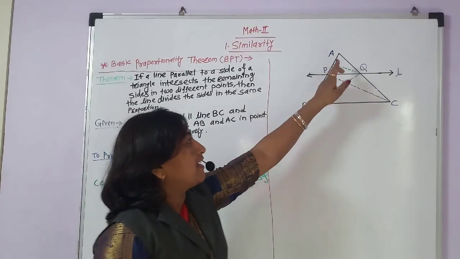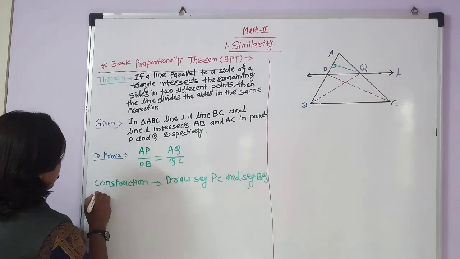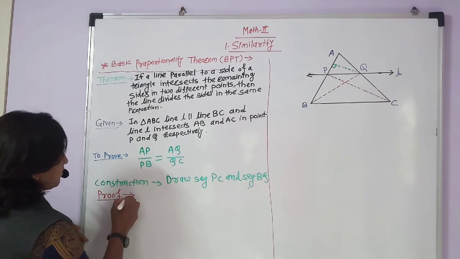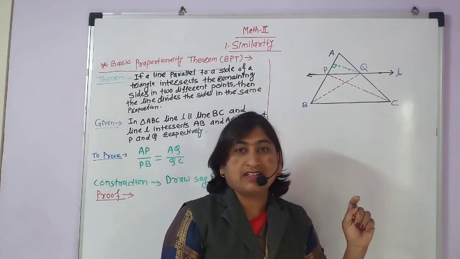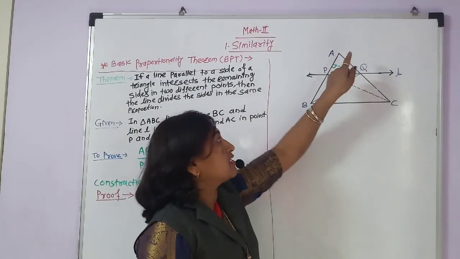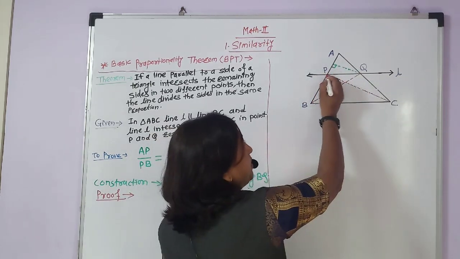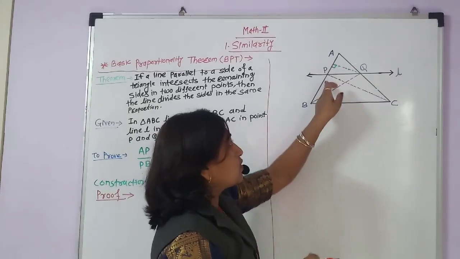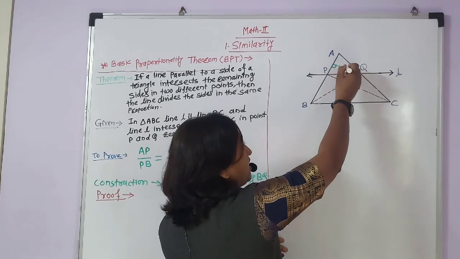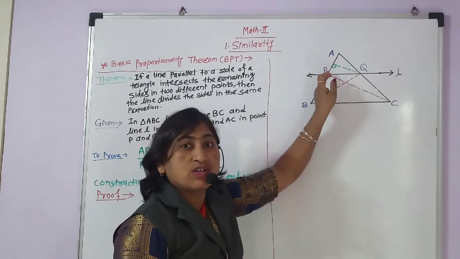Here in the triangle, we write the proof. The proof of that theorem is, first of all, see the two triangles, triangle APQ and triangle PQB. In these two triangles, observe this, we draw a green dotted line. This is the height for those two triangles.